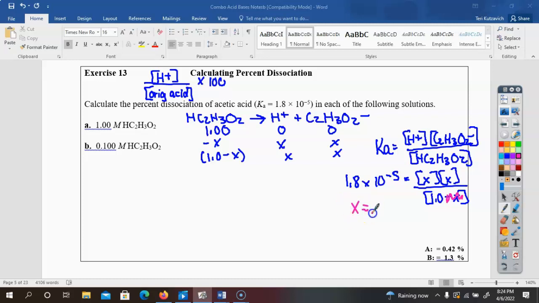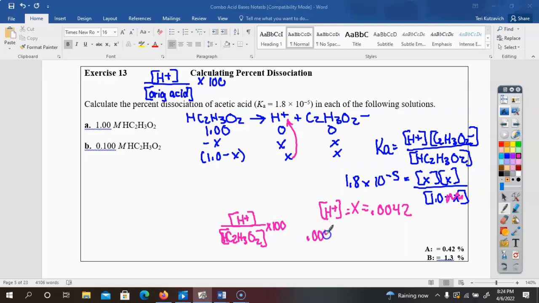Now our x is 0.0042, but we're trying to find the percent of dissociation. Remember what your x is equal to? H plus. So take our H plus, divided by our original acid concentration, that should be HC2H3O2, times 100.